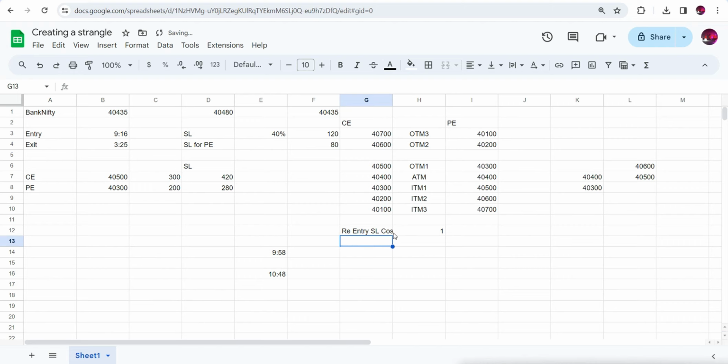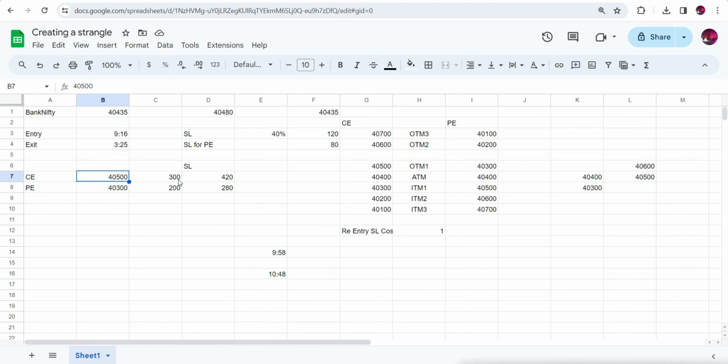Assume at 9:16 in the morning Bank Nifty was at 44.35, so the at-the-money strike was 4,400. As our strategy is OTM1 call sell and OTM1 put sell, at that time the OTM1 call was 4,500 and the OTM1 put was 4,300.